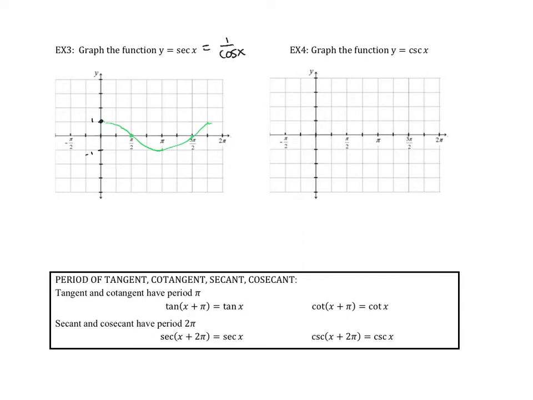So I have a point there for secant. Now the reciprocal of 0, 1 over 0, is undefined, so I have an asymptote here. Whenever cosine is 0, there's an asymptote. The reciprocal of -1 is still -1.